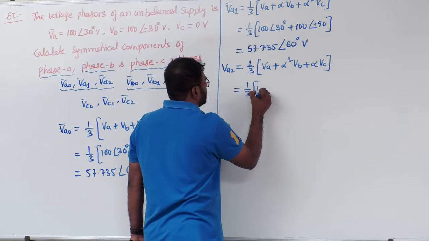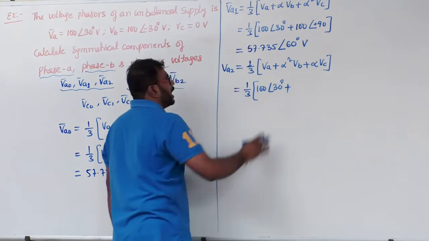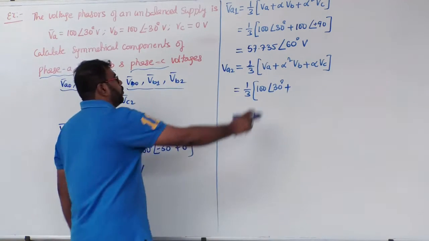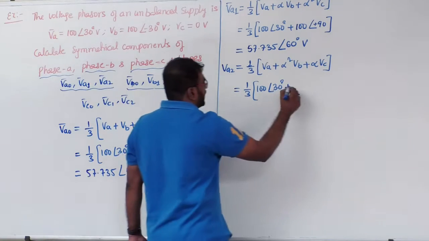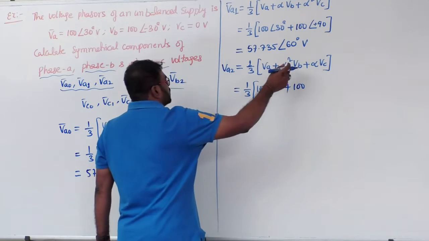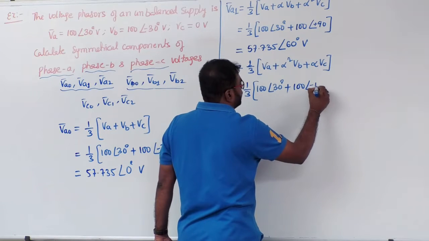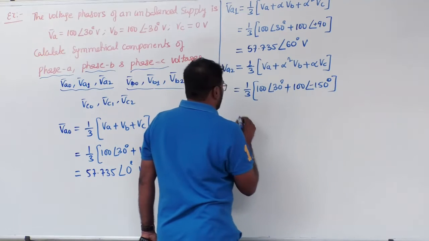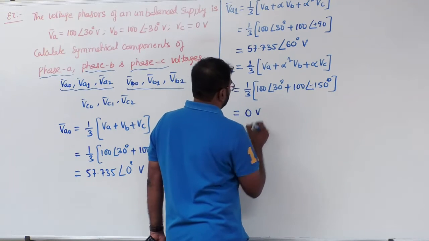So 1 by 3 times 100 at an angle 30 degrees plus alpha square, which is 1 at an angle minus 120, into 100 at an angle minus 30. Magnitude is 100, phase angle is minus 30 and minus 120, so minus 150 degrees. If I solve this, we get 0 volts.